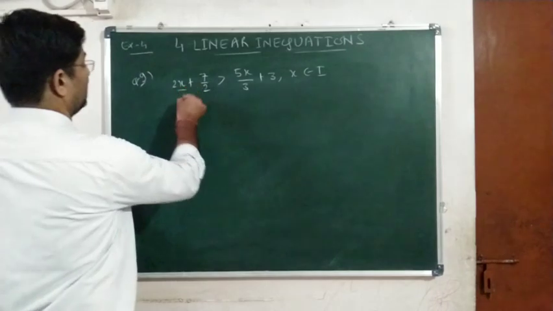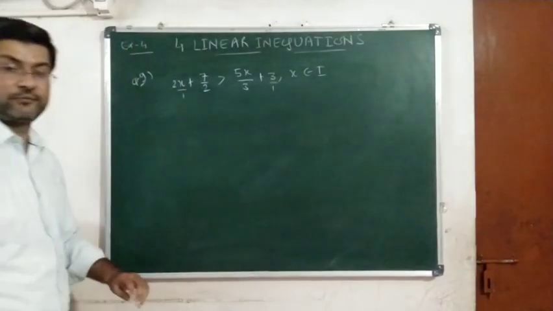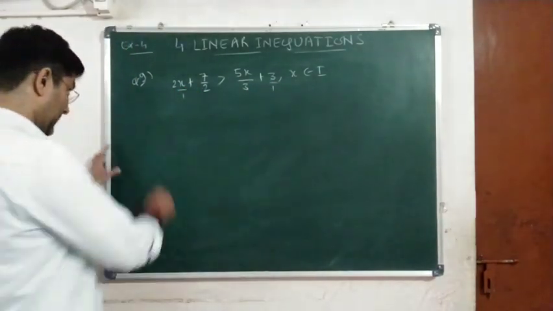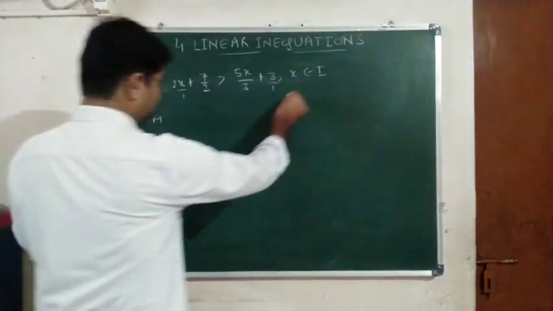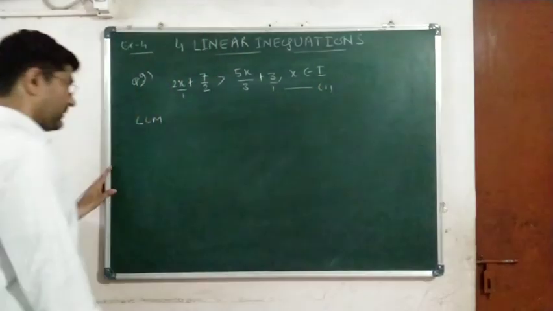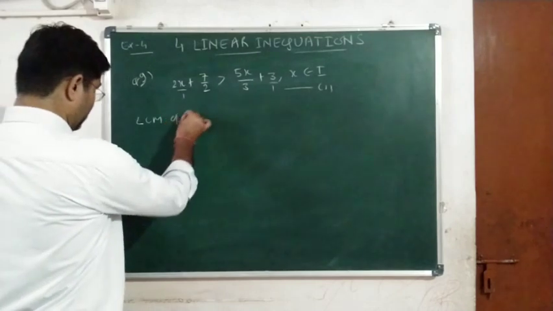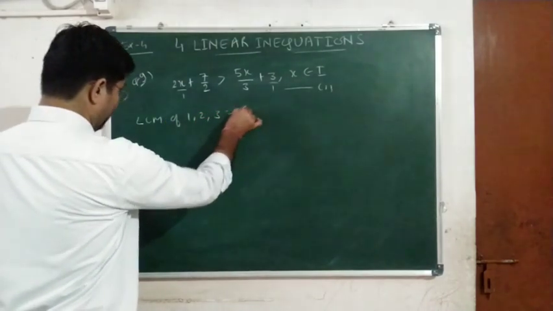So again we will take the LCM of the denominators on both the sides. This is inequation number 1. The LCM of 1, 2 and 3 will be 6.